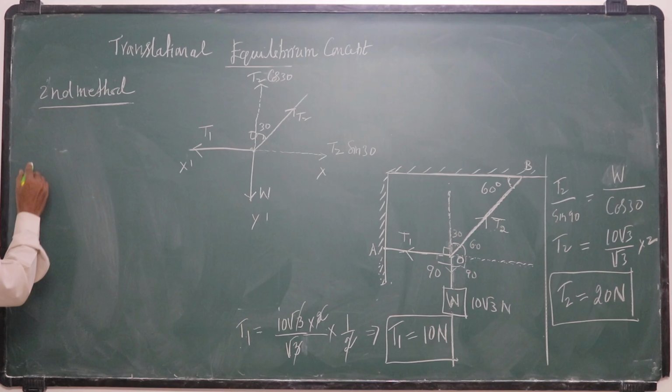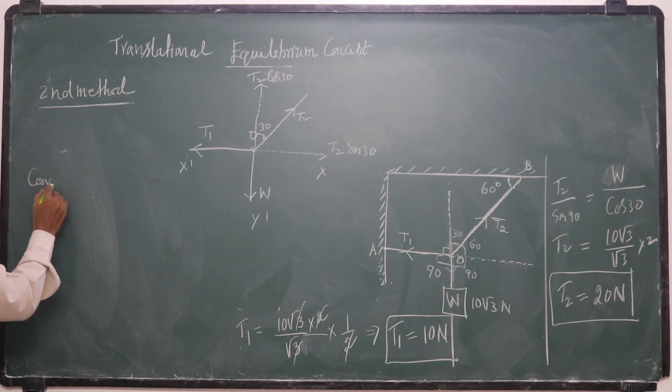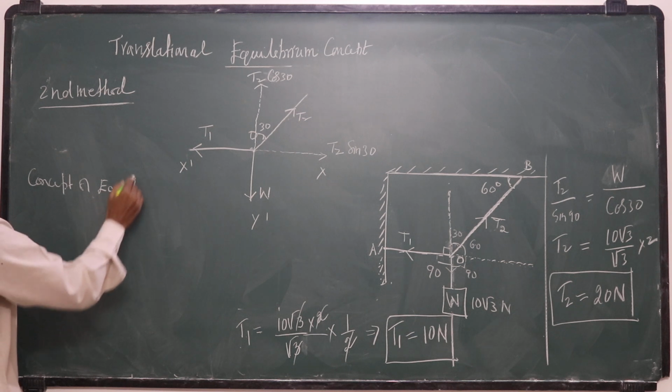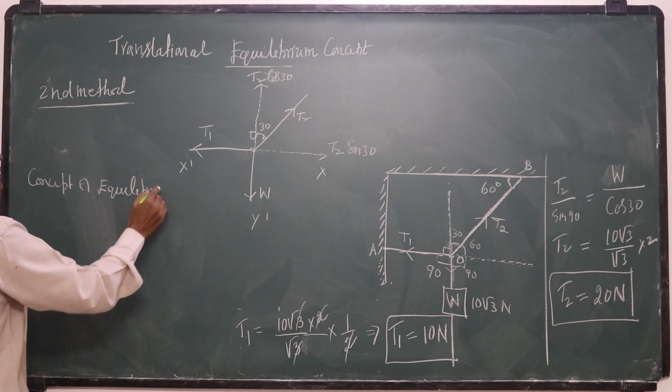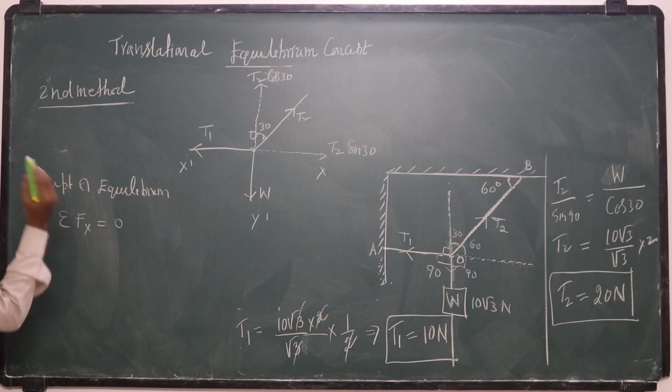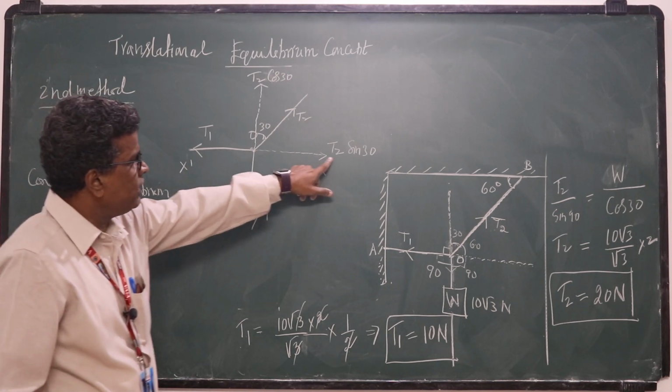So from the concept of equilibrium, what is the concept of equilibrium? Resultant force is 0. What does resultant force is 0 mean? Summation of all x components should be 0, isn't it? So what is the x component here?